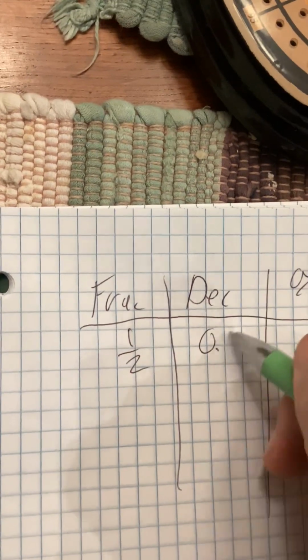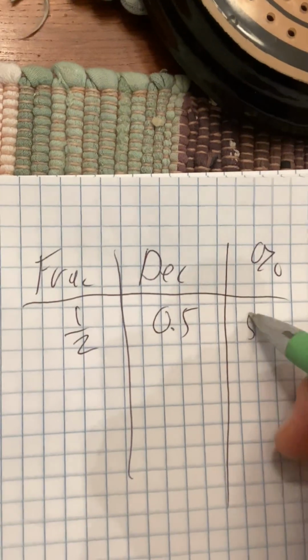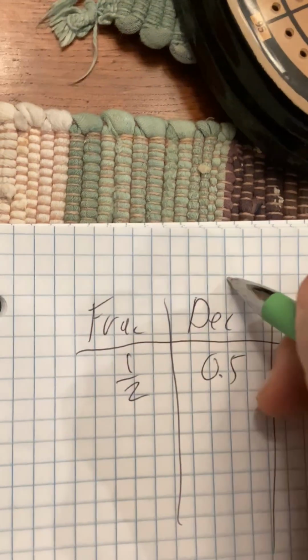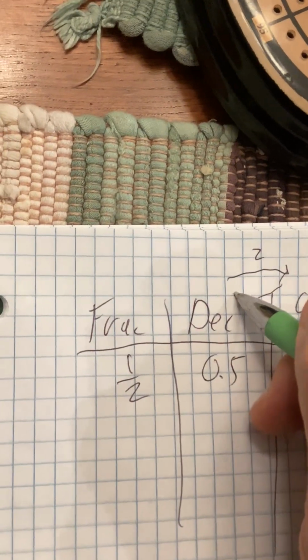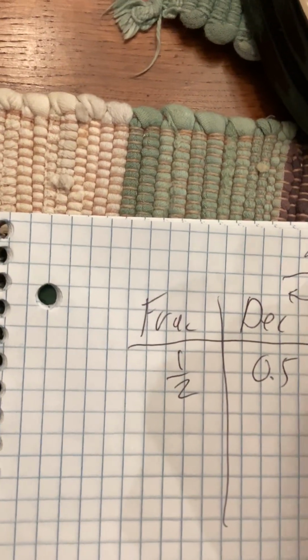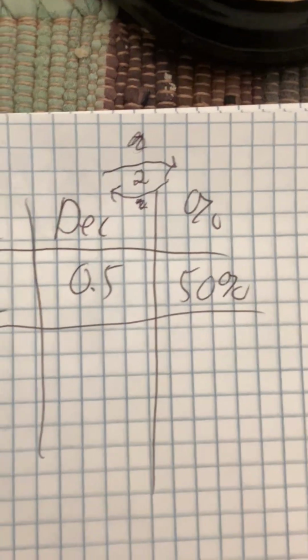That's 0.5. And you move it over 2. That's 50%. So you move it 2 this way when you're changing decimal to a percent, and 2 this way when you're changing a percent to a decimal. Actually, I should have just put the 2 in the middle there. Anyways, that's a nice easy one to remember.